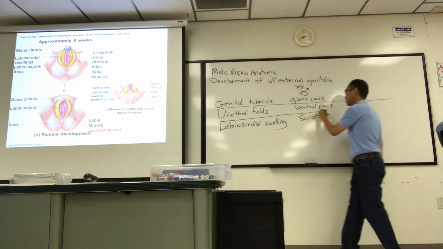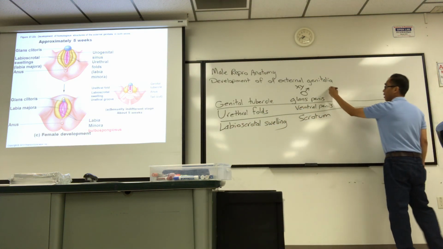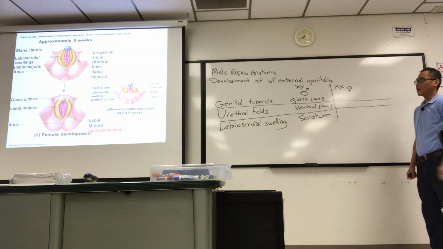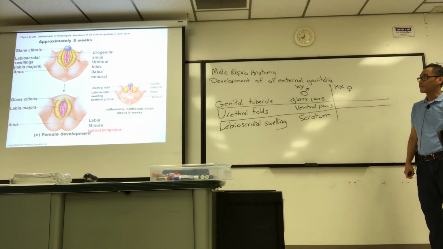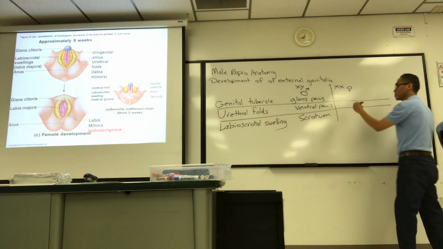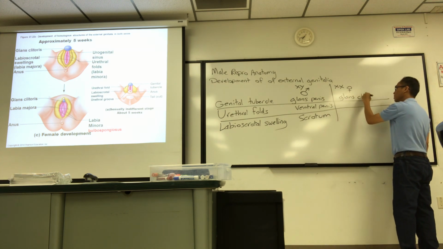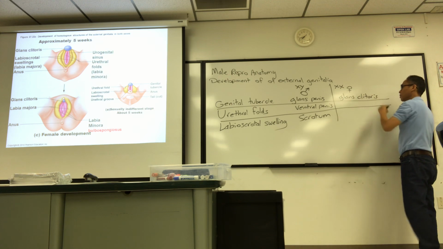This next slide shows if it were female inheritance, X from mom, X from dad, biological sex, male and female, we teach them both. And the glans penis becomes the glans clitoris in females.